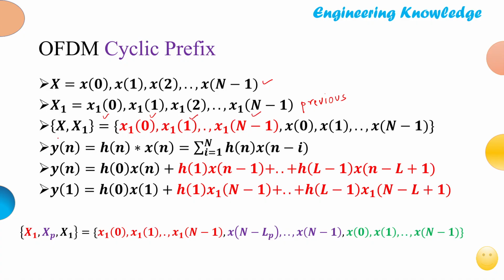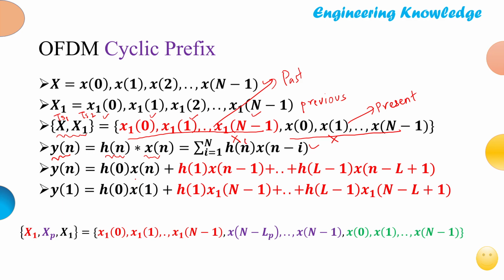If I concatenate the two, taking two symbol durations, Ts1 and Ts2, then this is x1 and this is x. So this is the present symbol duration, and this was the past. Now if I convolve y of n as h of n convolved with x of n, it will be this.